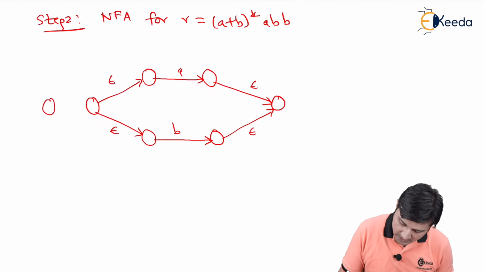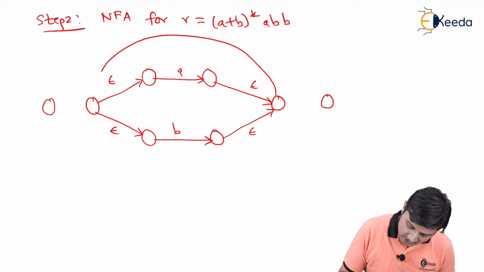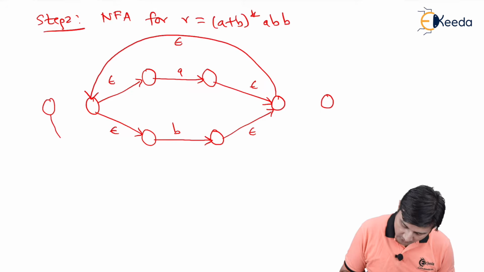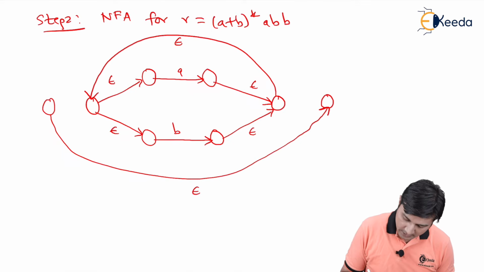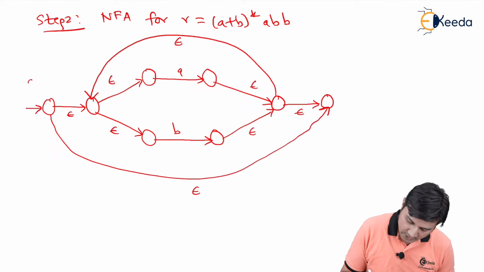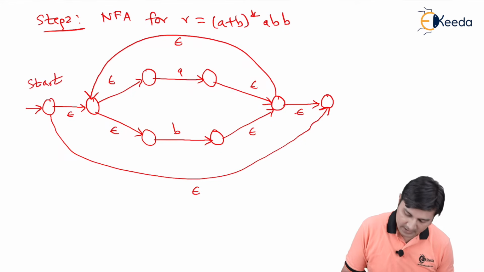Append a start state and one state at the end. There will be a reverse transition from here to here on epsilon, and a forward transition from here to here on epsilon. Connect this via epsilon and this via epsilon. Call this my start state.